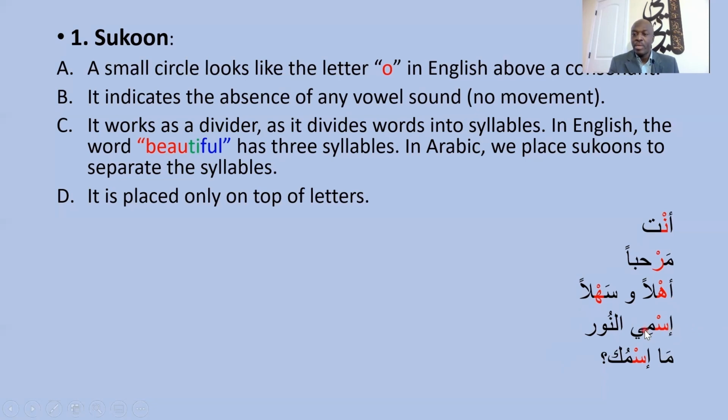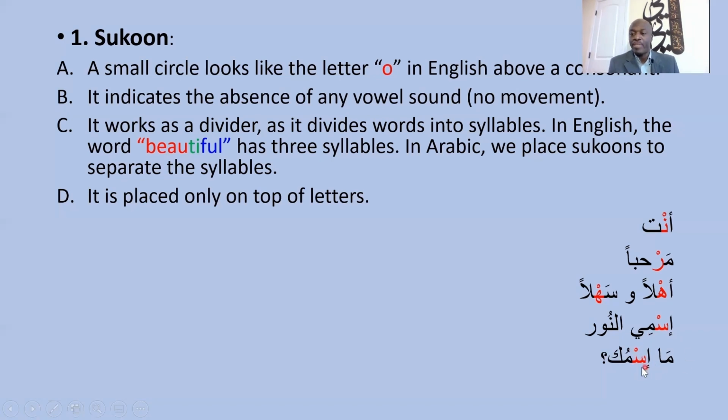Ismi. An-Nur. Ma ismuk. Ma is what? And ismuk. Since ismi is my name, ismuk is your name, singular masculine. Ma ismuk. We also placed the sukoon here to indicate that we have two syllables.